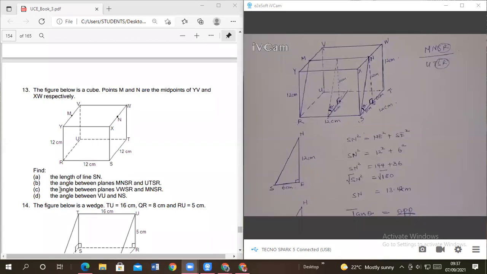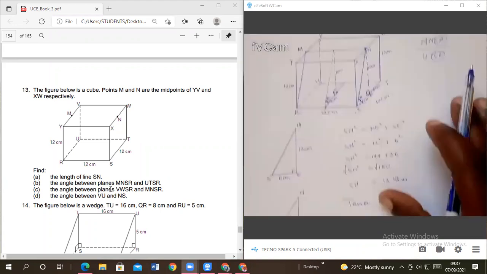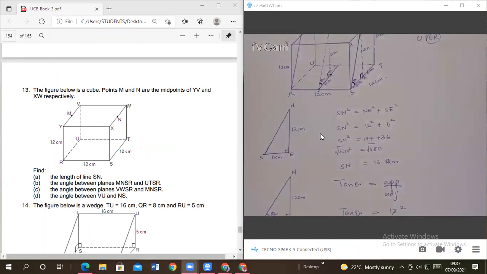Okay. Now we go to the next part. They are saying to find the angle between the planes. I don't know whether you are seeing that.